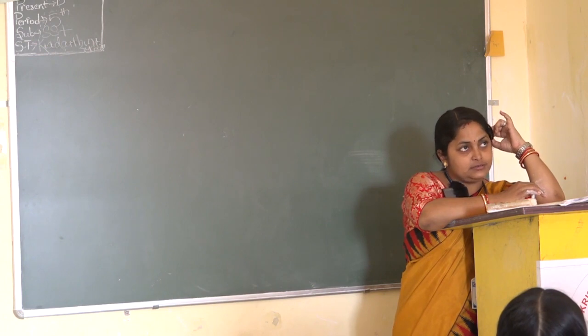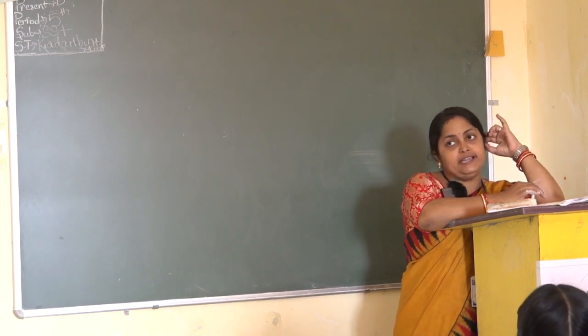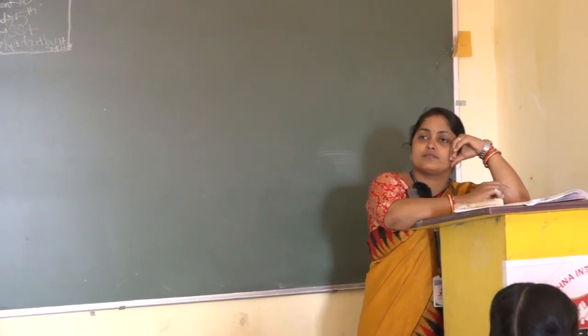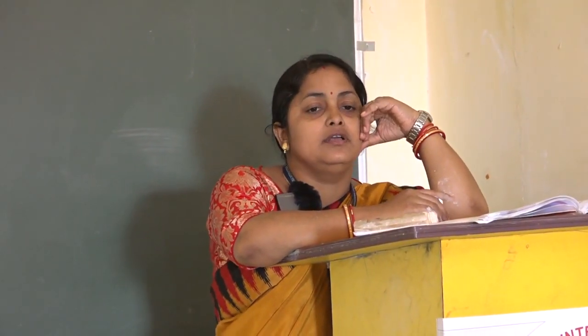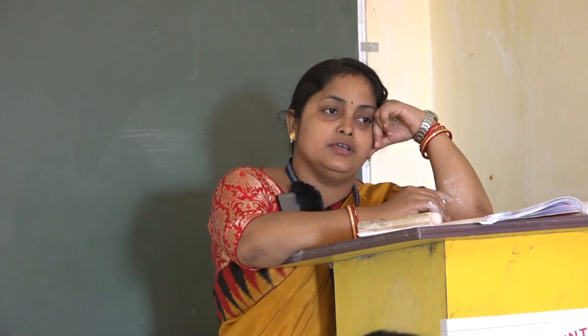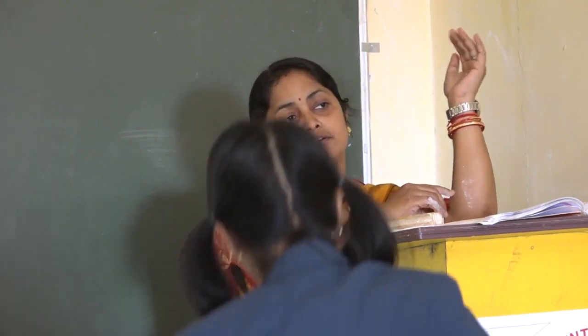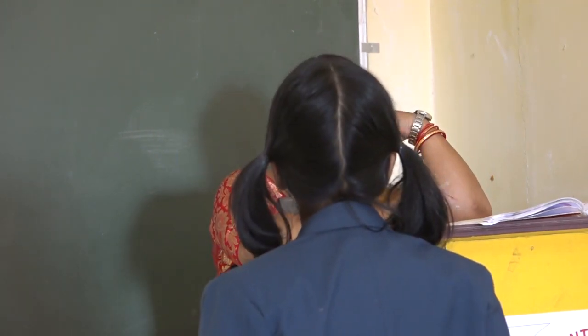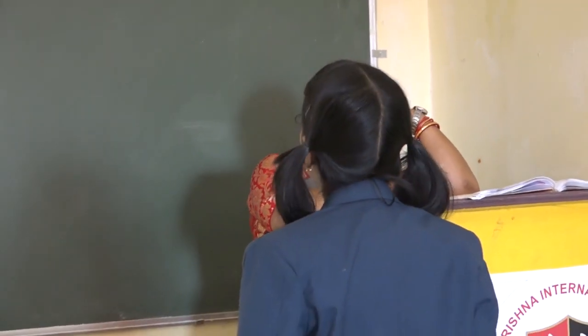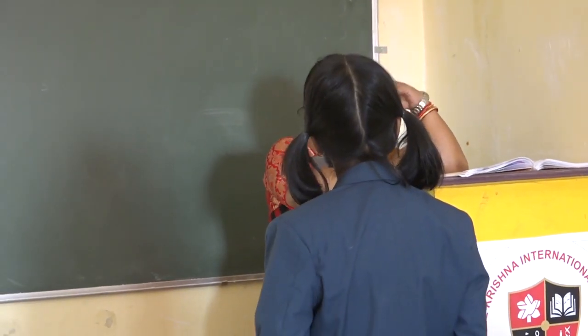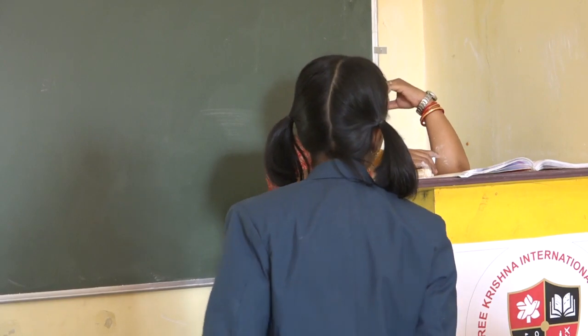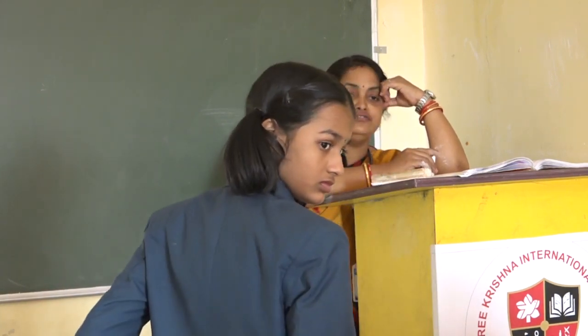Devranjan, in which hemisphere India lies? Northern and Eastern. Upasna, which latitude line passes through India? Tropic of Cancer. Saranya, Tropic of Cancer is in which degree?